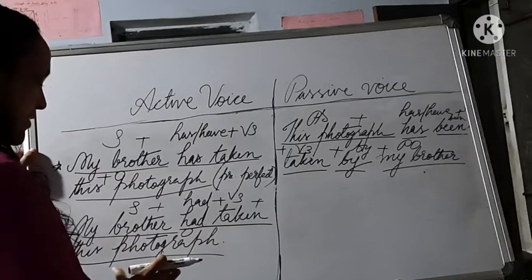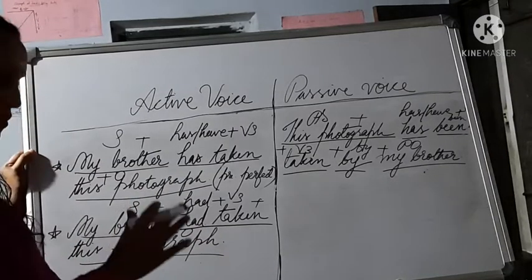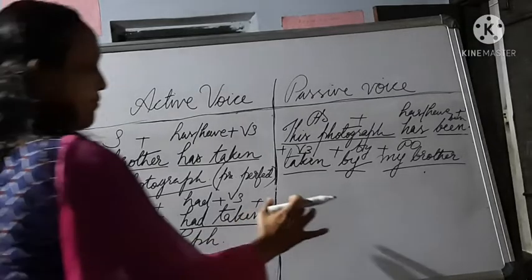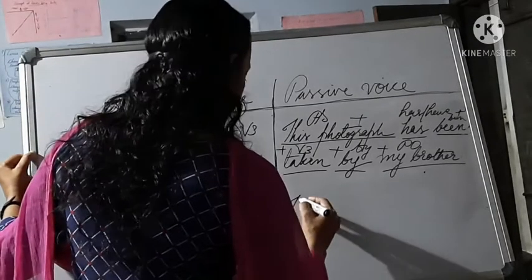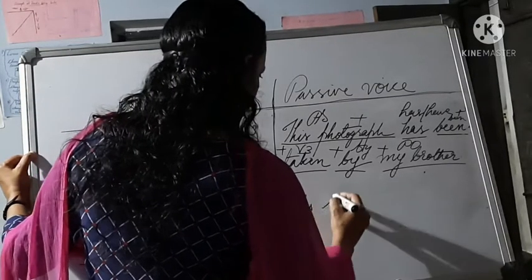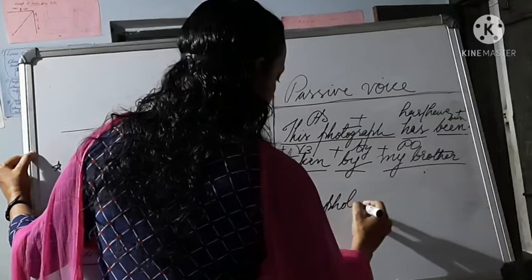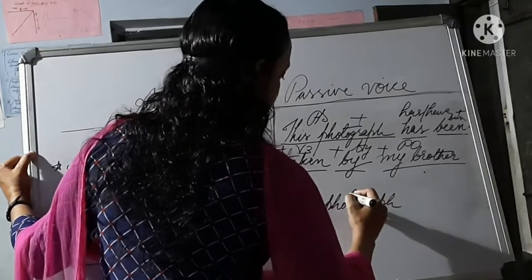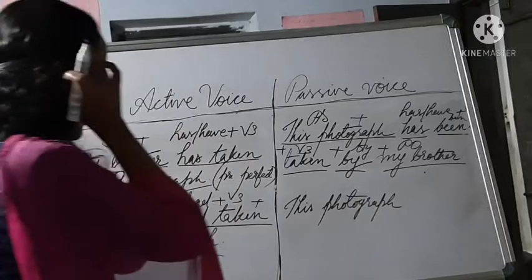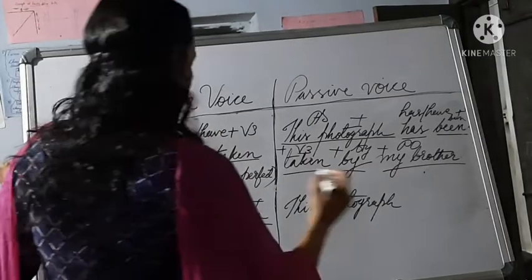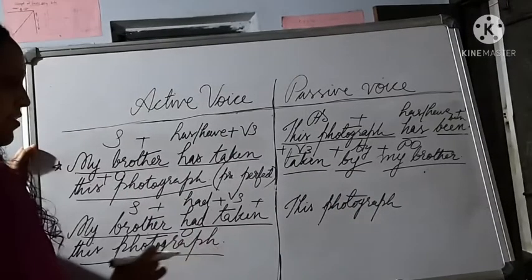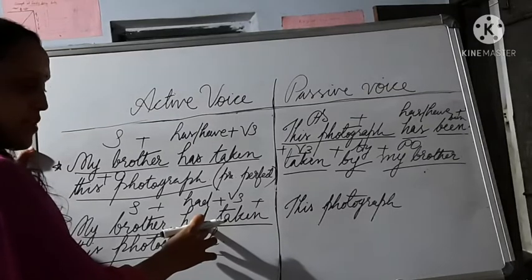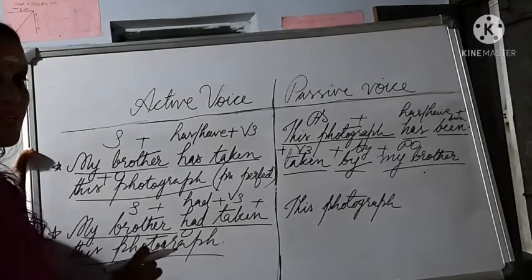That is also very easy. Just follow a common rule: take the object and place it here. This photograph is the object in active voice, and here it becomes the passive subject. Since this is in past perfect tense, you have to use had plus been plus V3 form.